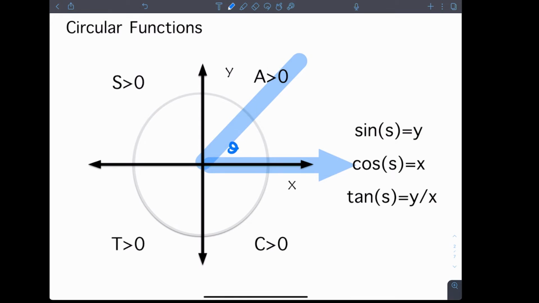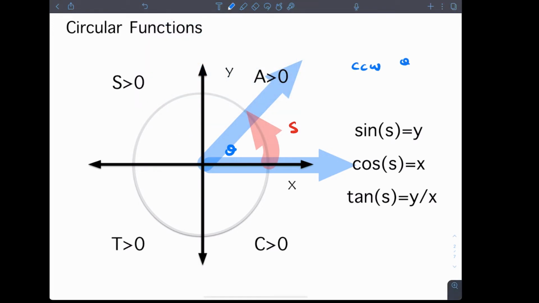You rotate that ray. Let me show you where it comes from. Here's my angle theta. Then here's the arc length they're talking about, and this is S. So if you rotate counterclockwise, this is counterclockwise rotation.